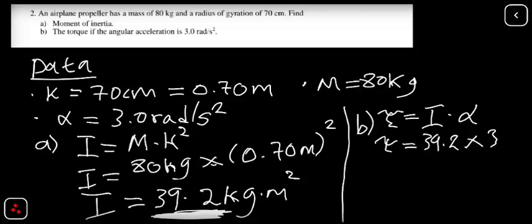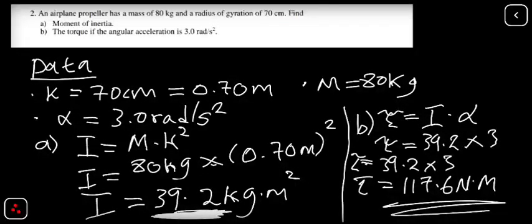Let me just indicate the SI unit. You multiply the moment of inertia by the angular acceleration, and you're going to find the final answer to be 117.6 newton meters.